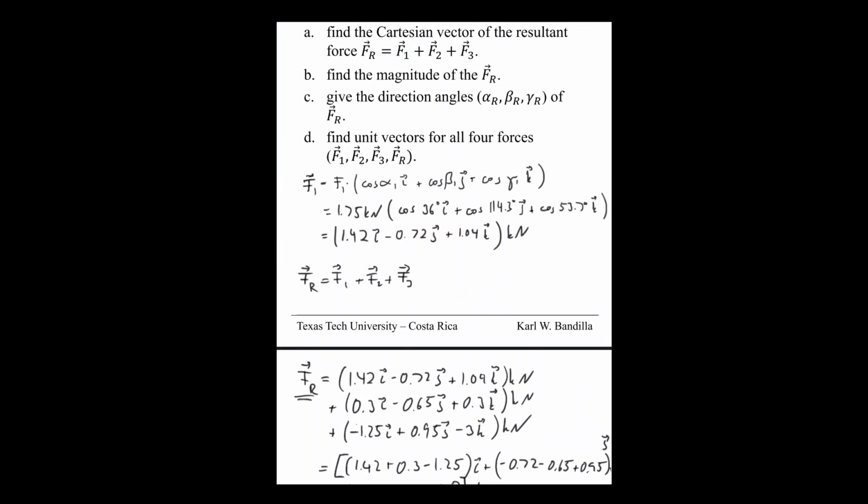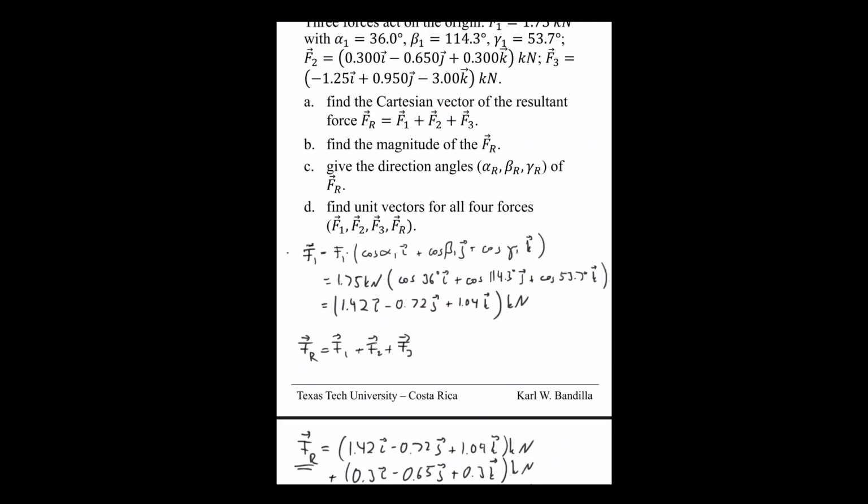If we just write those together, then we get 0.466i minus 0.420j minus 1.66k kilonewton. And that would be our answer, our resultant vector. So that was part A.